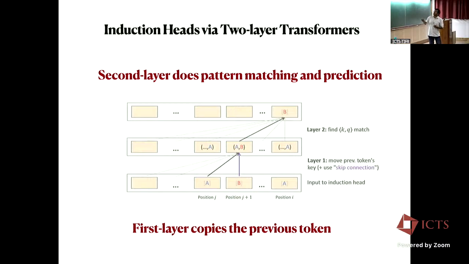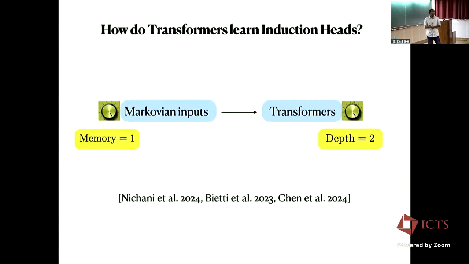Here it looks for this token A, the current token. It looks where this has occurred as a parent in the previous history, and then uses the token following it, like B, as its prediction proxy. That's the overall idea, and you can construct weights to realize this. It's a well-known result. So this is how you would realize an induction head, which I talked about yesterday as well. Now, the natural question you can ask is, how do transformers learn this kind of mechanism? How do they learn induction heads?